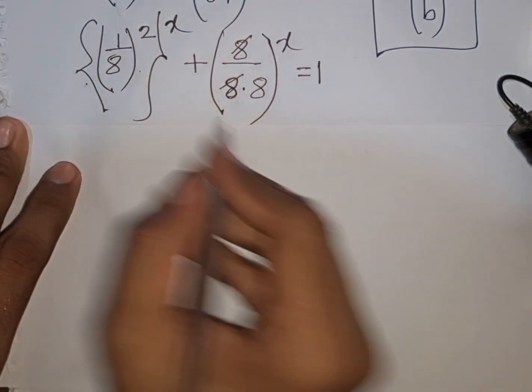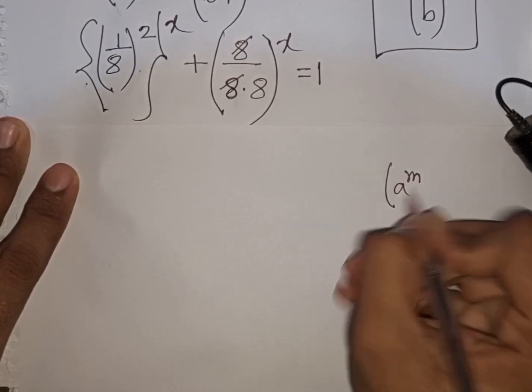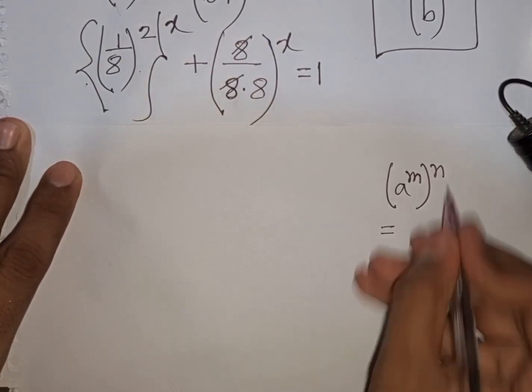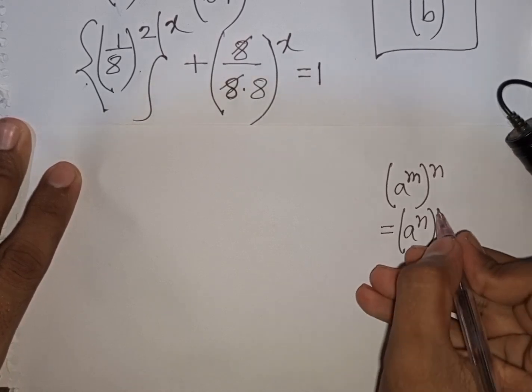Here we can apply this exponential rule that (a^m)^n is equal to (a^n)^m.